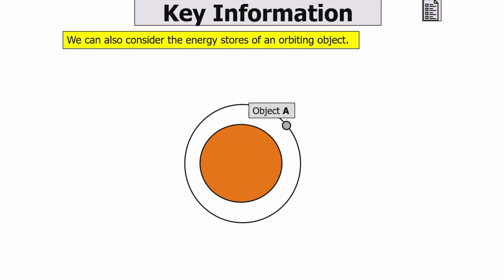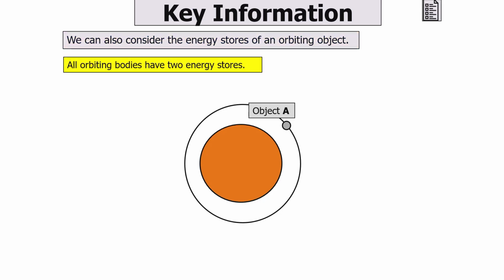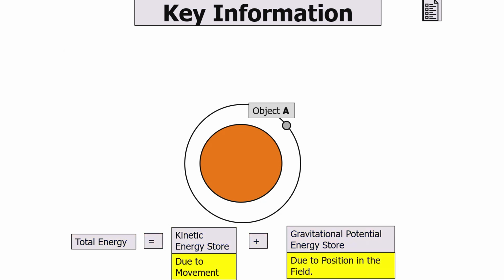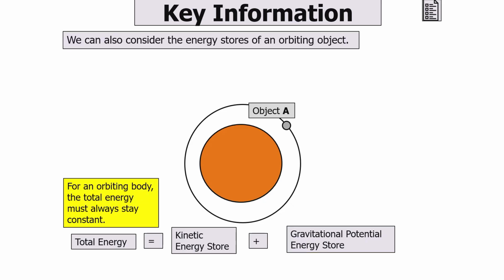Now we can also consider the energy stores of an orbiting object. All orbiting bodies have 2 energy stores. We say the total energy is equal to the kinetic energy store plus the gravitational potential energy store. Our kinetic energy store is due to movement, and our gravitational potential energy store is due to the position in the field. Now for an orbiting body, the total energy must always stay constant.